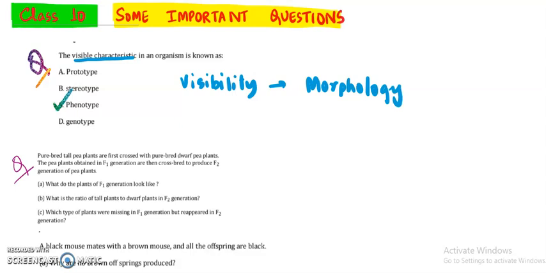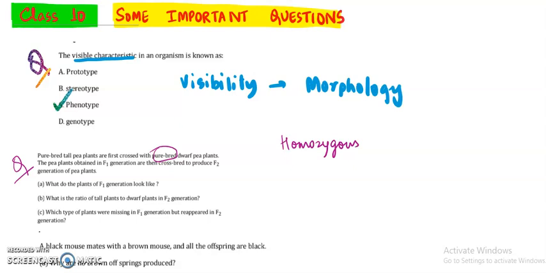Now next question is, purebred tall pea plants are first crossed with purebred dwarf pea plants. The pea plants obtained in the F1 generation are then crossbred to produce the F2 generation. Now remember, whenever they are talking about this purebred, it always means homozygous condition, right?